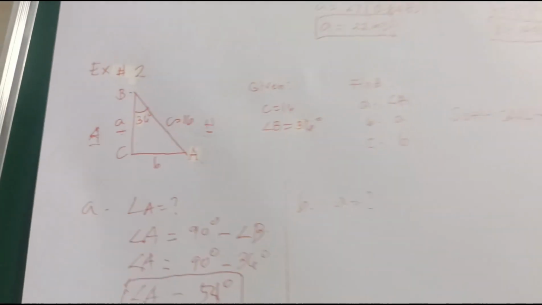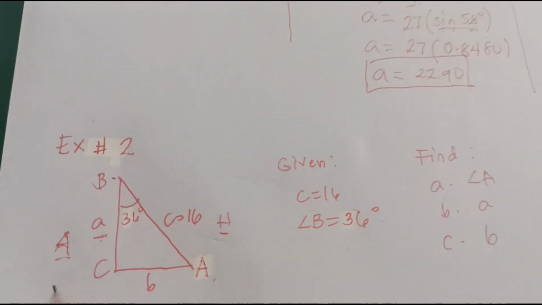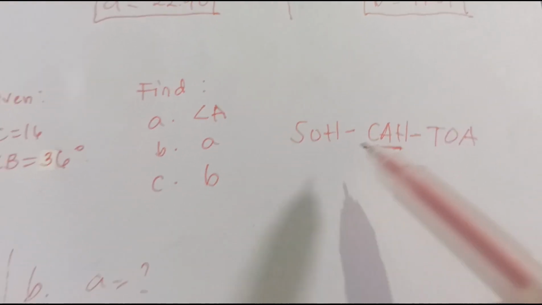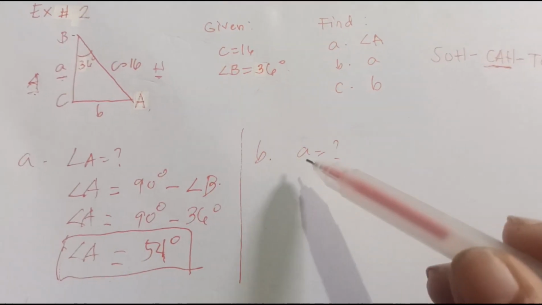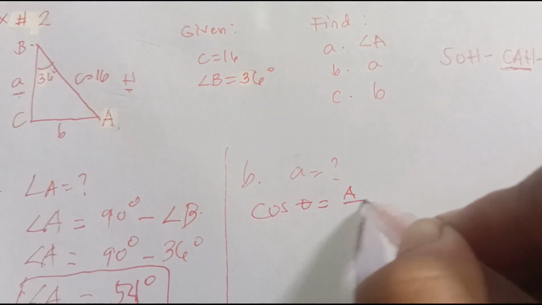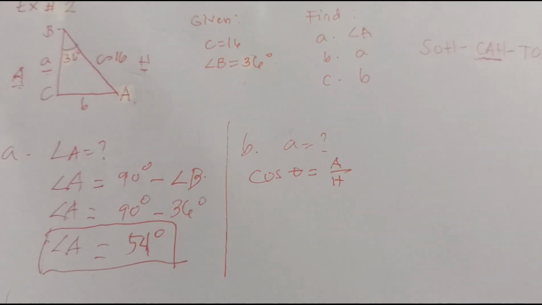So, in our SOH-CAH-TOA, which one has A and H? The one with A and H here is CAH. Therefore, to solve for side A, we are going to use cosine theta equals adjacent over hypotenuse.